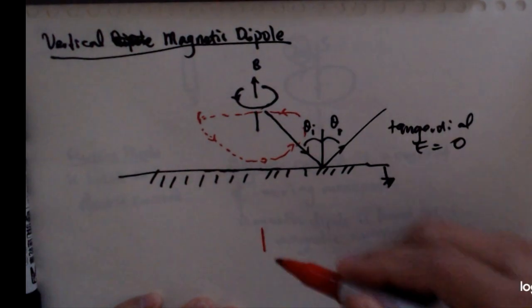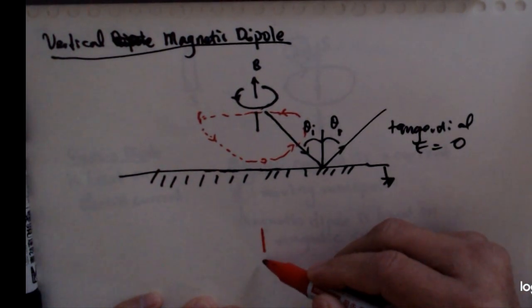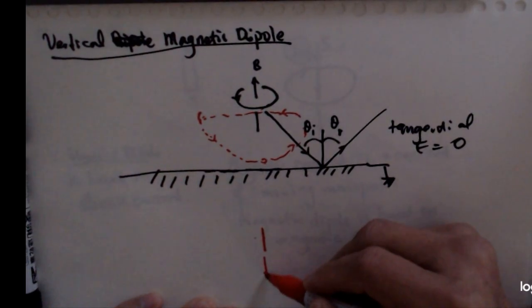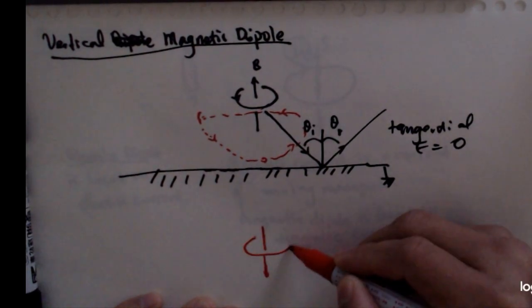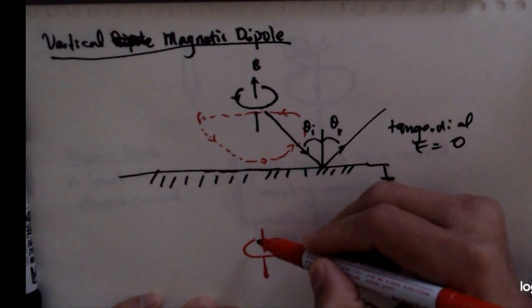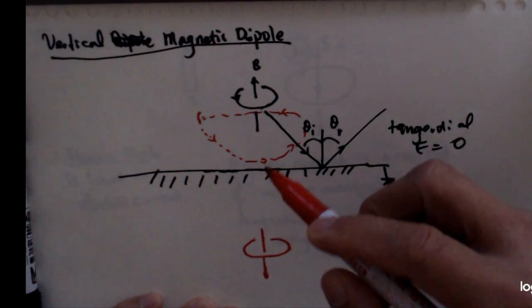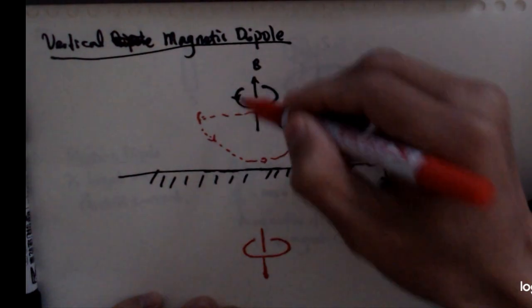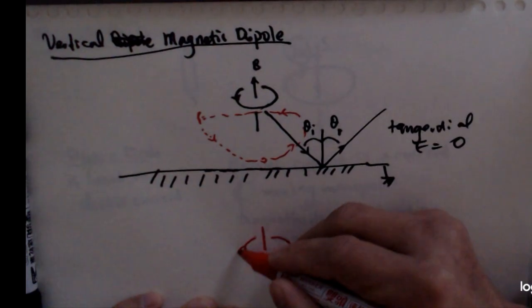So what we can do is we have another dipole, the so-called image magnetic dipole, and it will produce an electric field, but the electric field will be circulating in the opposite direction. So this means the current will be in the opposite direction.